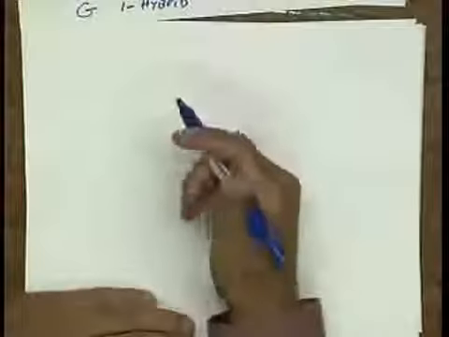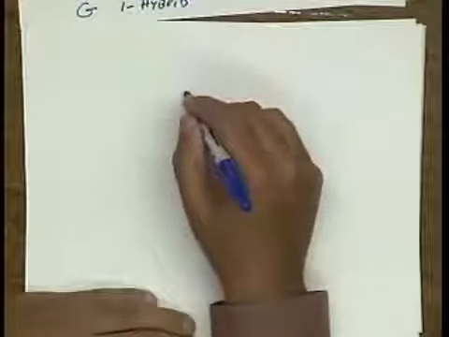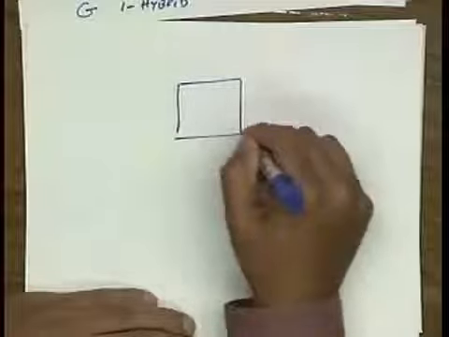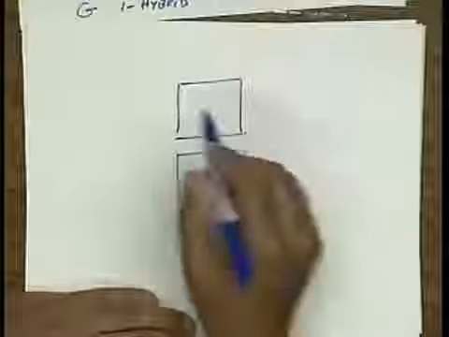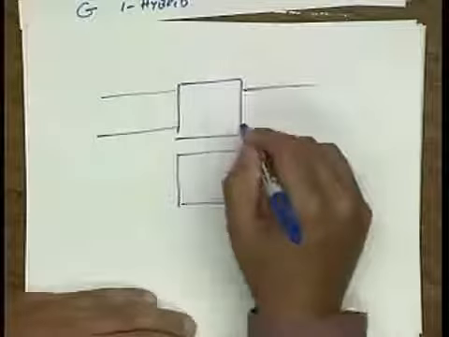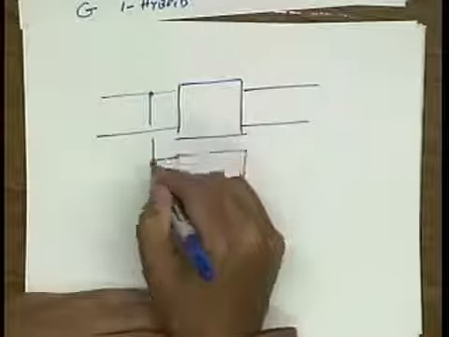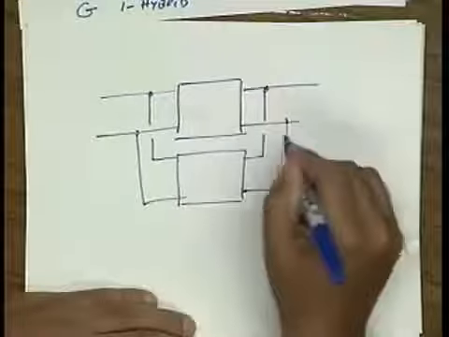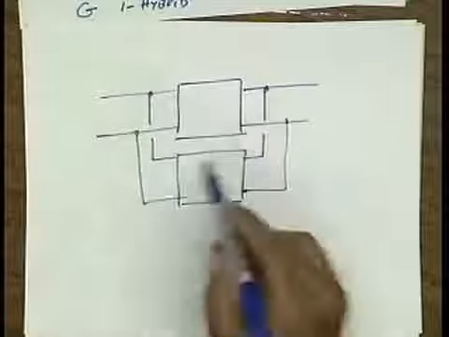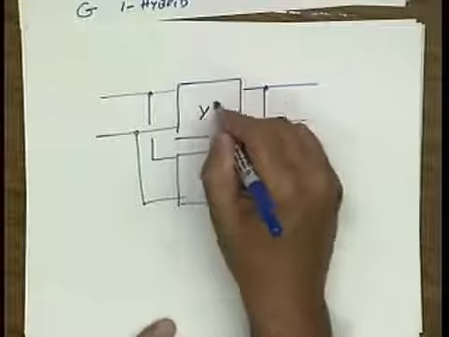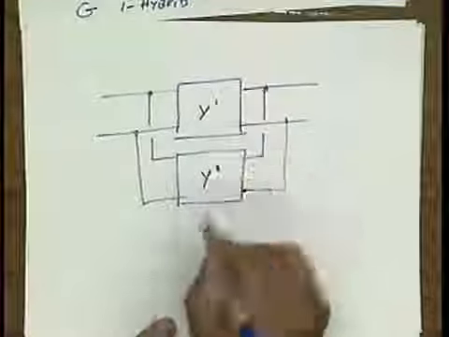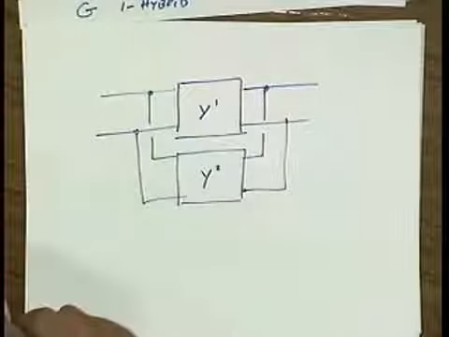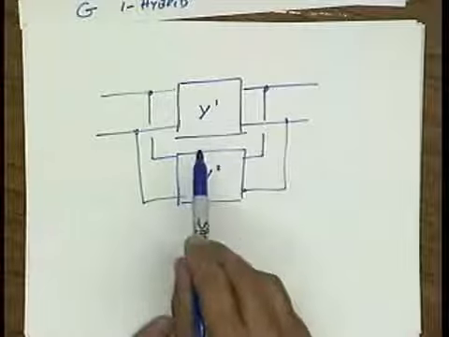Now, the way we determine the most convenient parameters to use is oftentimes determined by the type of feedback we use. So for instance, if I have a two-port and I connect another two-port in parallel, as so, and I want to calculate the overall Y parameters, let's call this Y1 and this Y2, where these are the two-port matrices, 2 by 2 matrices.